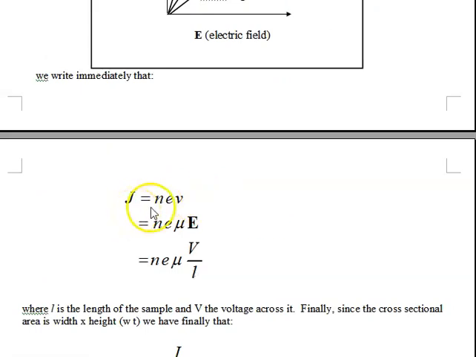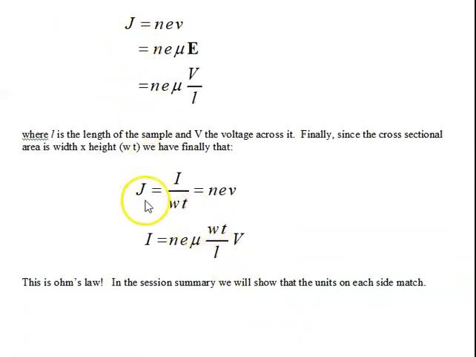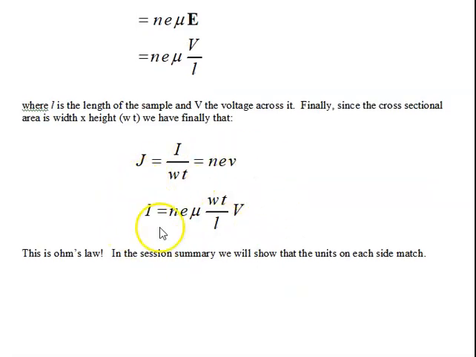Anyway, let's put all this together. The velocity now is proportional to the electric field. Force proportional to velocity. That is the critical ohmic condition. The electric field is in volts per meter, volts divided by length. And now we have J, which is equal to current in amps divided by the cross-sectional area, the width times the thickness, which is equal to V divided by L. We bring up the WT, and this is Ohm's law.